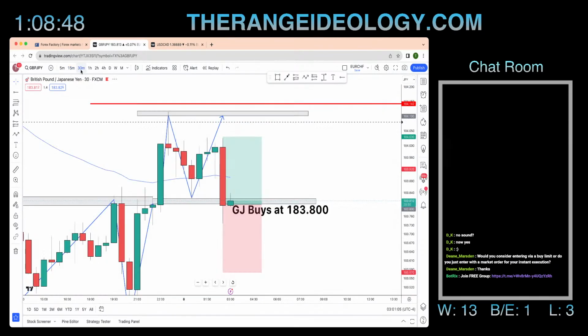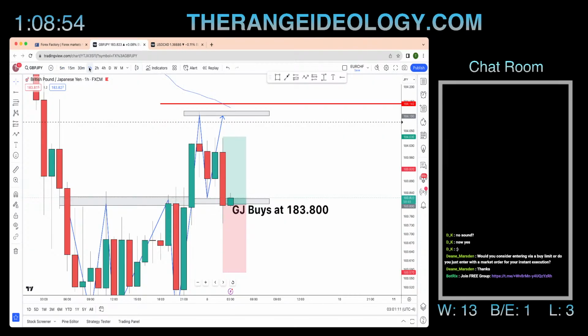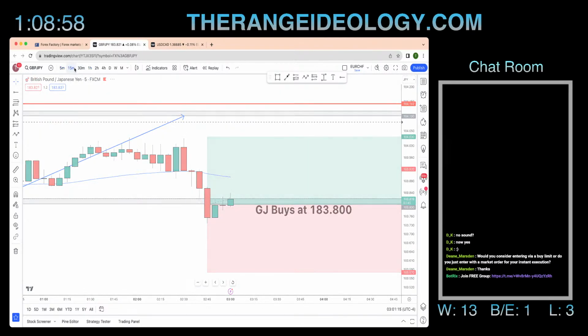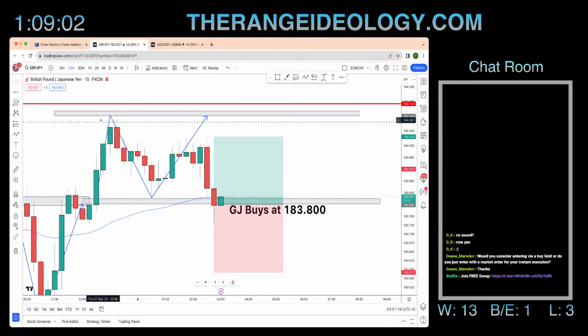We do have the 30-minute EMA above, as well as the 5-minute, and of course the 1 hour above as well. Right, very interesting to see how price will move here. So we're just a minute into London opening.